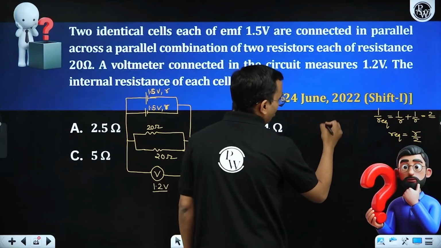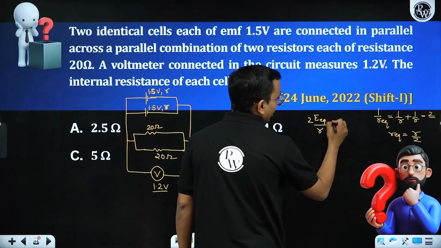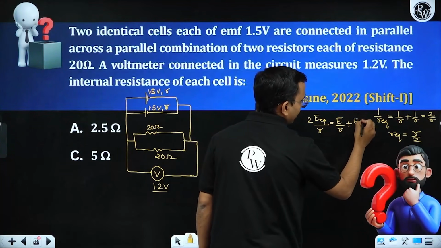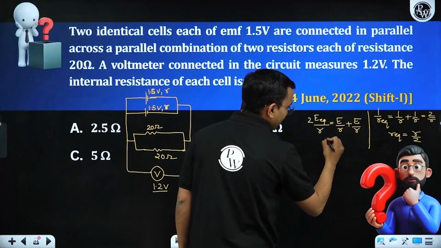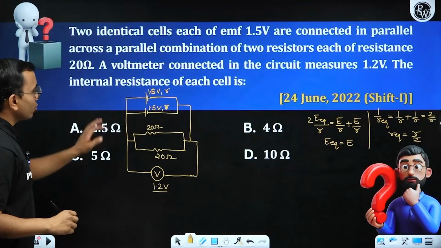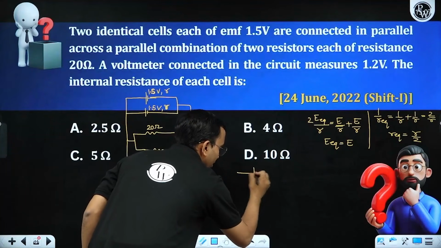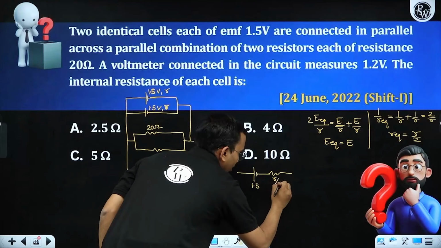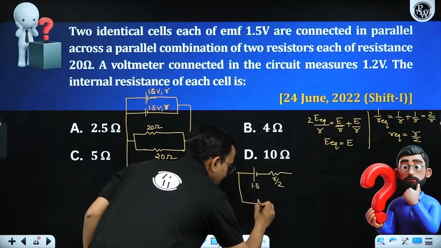Using the second formula, E equivalent divided by R equivalent, that is R by 2, is equal to E1, that is E, divided by R1, that is R, plus E2, that is E, divided by R2, that is R. So 2E by R. So from here I got E equivalent as E only, only the resistance will become half. So I am redrawing this circuit. This is equivalent 1.5, the resistance R by 2. Now there is a 10 ohm resistance in parallel here.